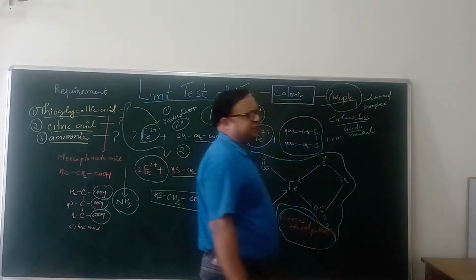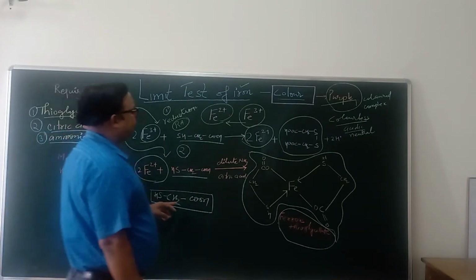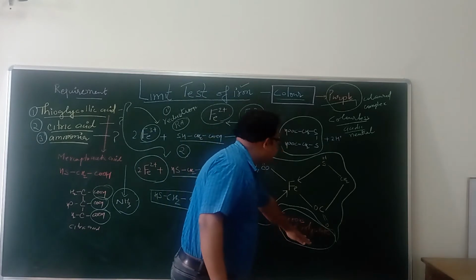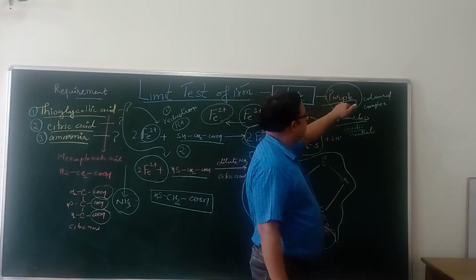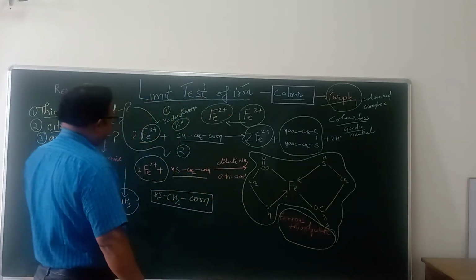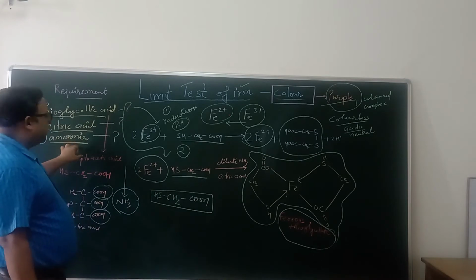So here we can justify the role of ammonia. Ammonia simply makes the solution alkaline so that our colorless ferrous thioglycolate can be converted into the purple colored complex. So here I have told you the role of thioglycolic acid as well as the role of ammonia.